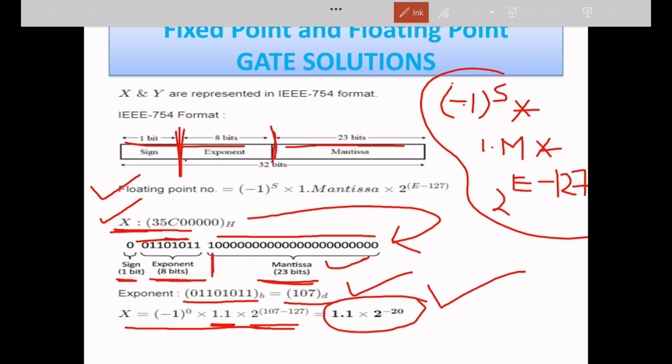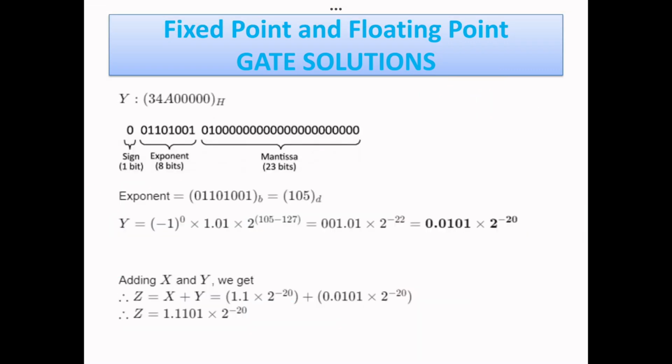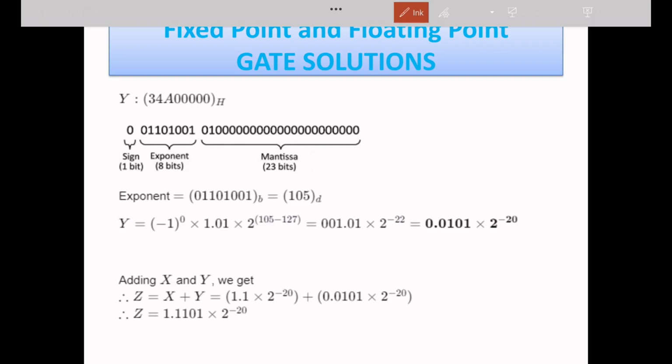So you have to understand only one. If you understand x, then y you can also implement in a very easy form. Now you can see we also implemented y. You have to understand only one question. Same for y, this is in hexadecimal form.